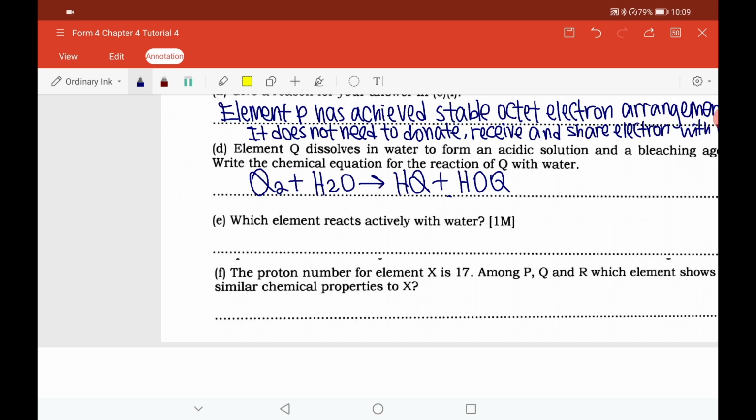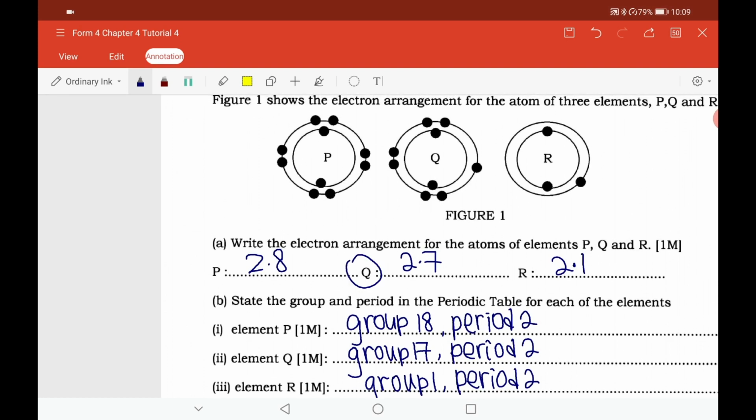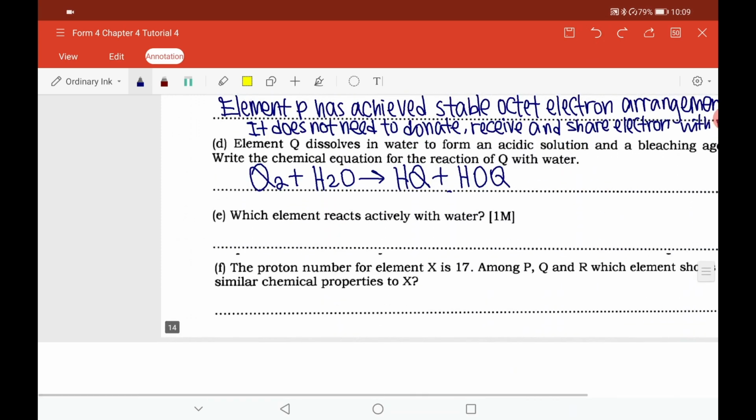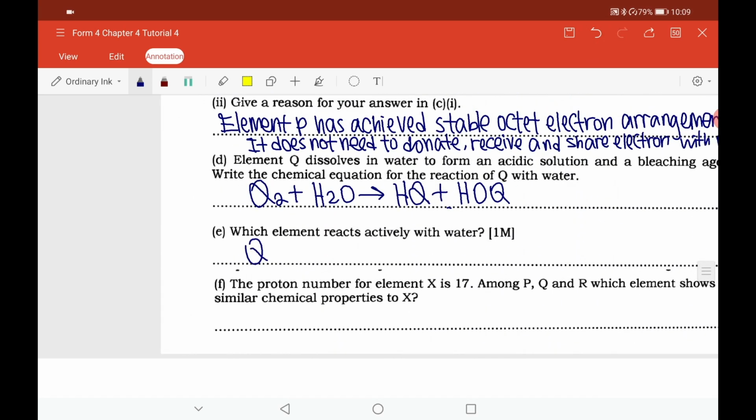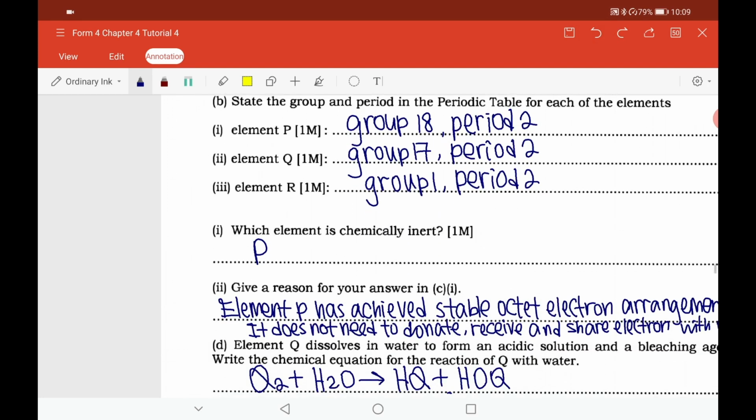So there are 2 substances that can react with water, one is Q and one is R. So you can write Q and R, because element Q is group 17, and element R is group 1, and both can react with water.